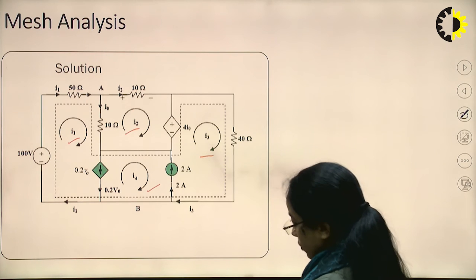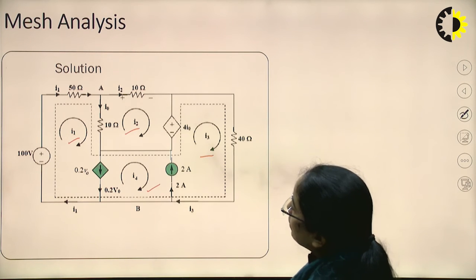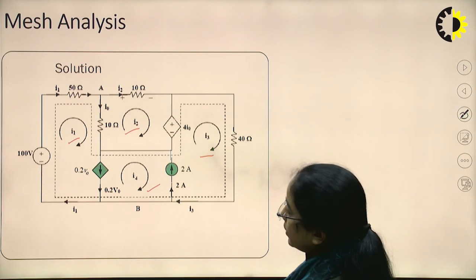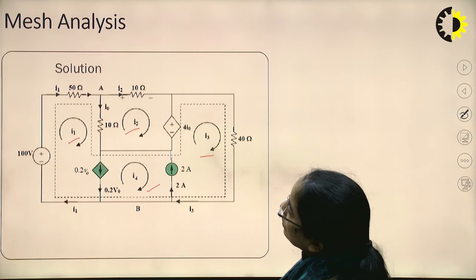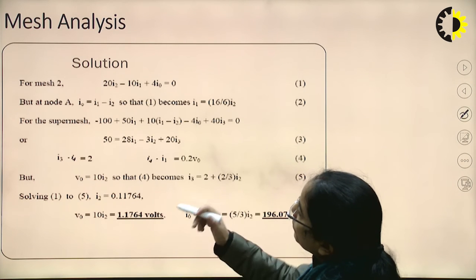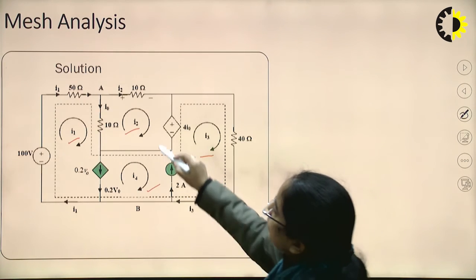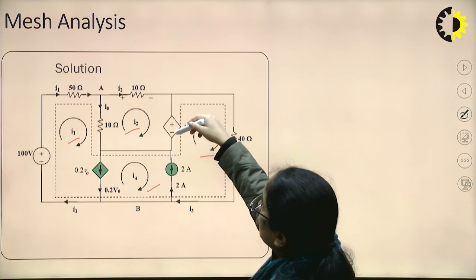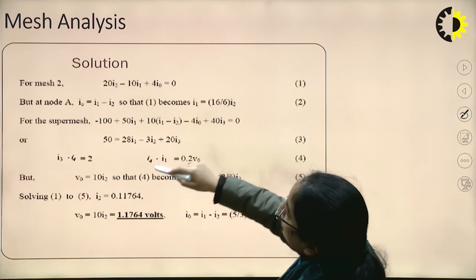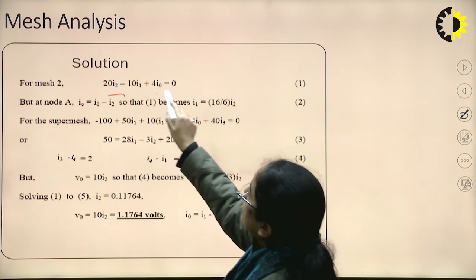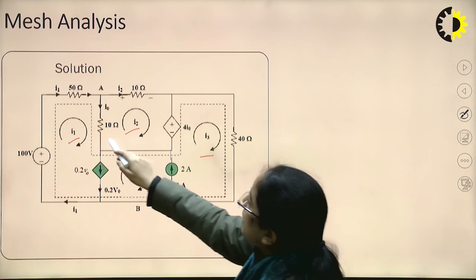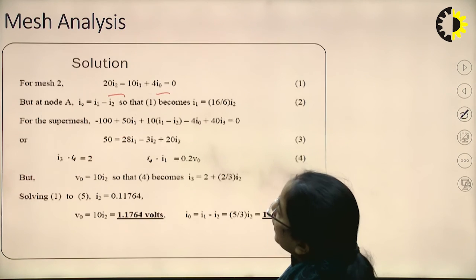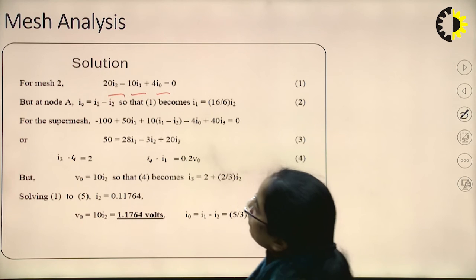The equations can be written easily. For the second mesh we can write 10 I2 plus 4 I0 minus 10 I2 minus I1, or minus 10 I0, minus 10 I2 minus I1.